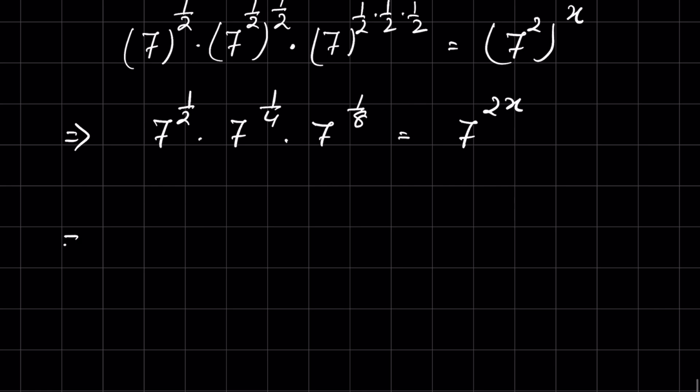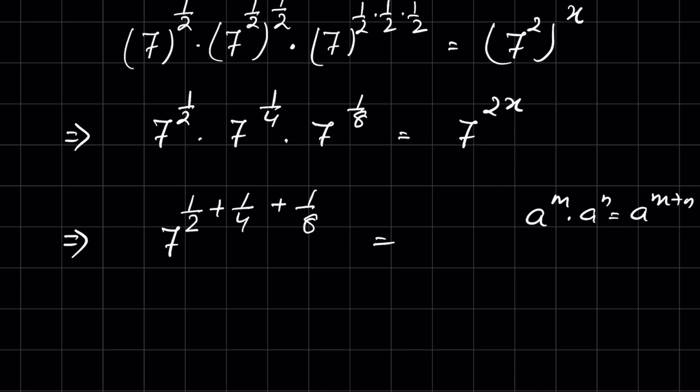Now we can add the exponents using the identity a raised to the power m times a raised to the power n is equal to a raised to the power m plus n. So 7 raised to the power of 1 upon 2 plus 1 upon 4 plus 1 upon 8 is equal to 7 raised to the power of 2x.